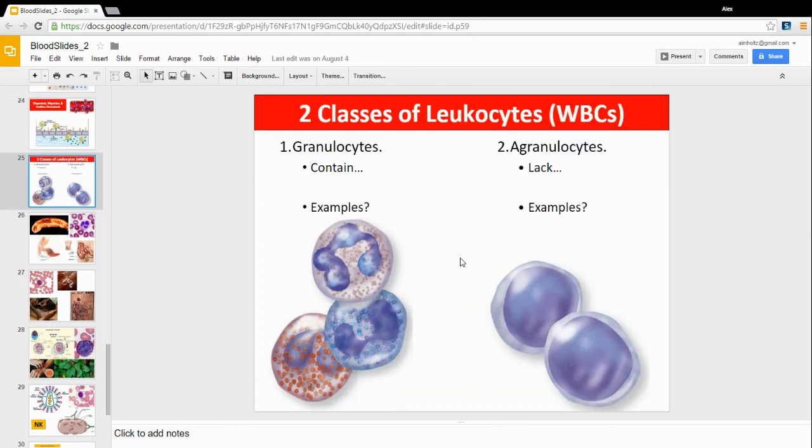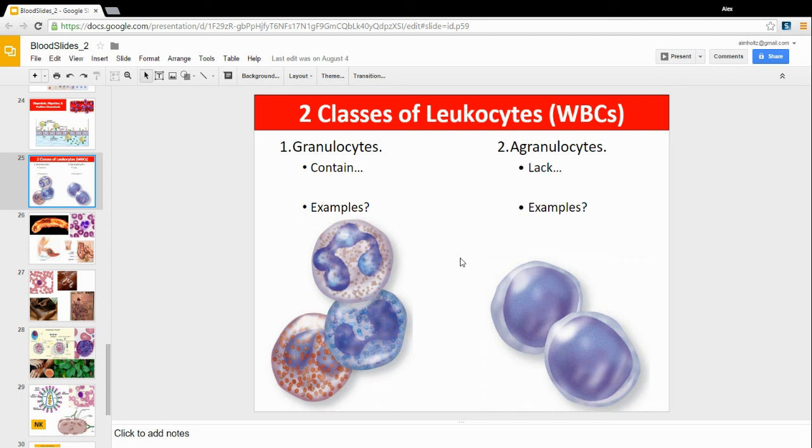All right, let's go through our different types of white blood cells. We did a lot of this in lab, so it is kind of a reiteration here. Two big classes of leukocytes, the granulocytes and the agranulocytes. They're based on how they look under a normal microscope. Under a normal microscope, granulocytes have little granules that are visible. There are three types of granulocytes: neutrophils, basophils, and eosinophils.